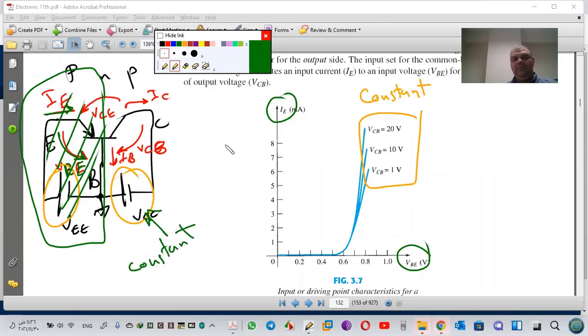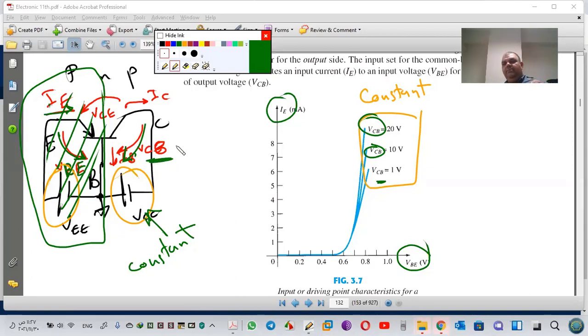If you remember, in physics, the partial differential d over dx, d over dy. It's the same here: I have VEE and VCC, so I will keep this one constant. See this VCB? VCB is constant, and we just change IE with VBE when VCB is constant.